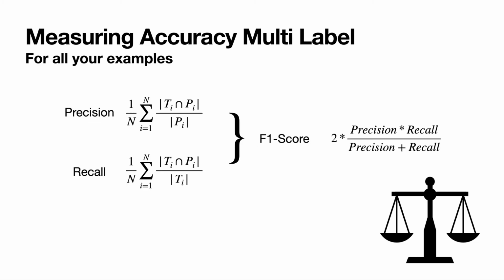Now to get the true accuracy, we can just average the precision values and the recall values and then calculate the F1 score, which is just a type of harmonic mean, which is kind of like a balance between these two variables or these two metrics.